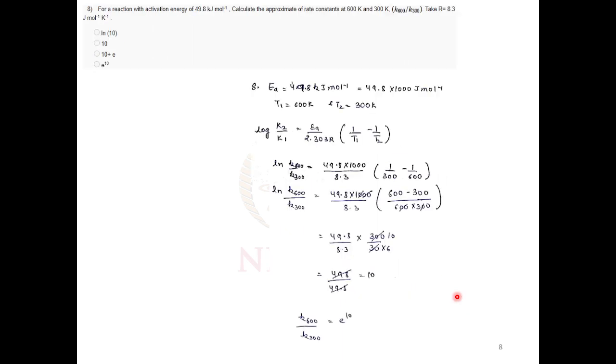Now coming to the next question, for a reaction with activation energy of 49.8 kilojoule per mole, I need to find the value of the rate constant ratio k600 by k300, at 600 K and 300 K, and the R value has to be taken as 8.3 joule per mole per Kelvin.